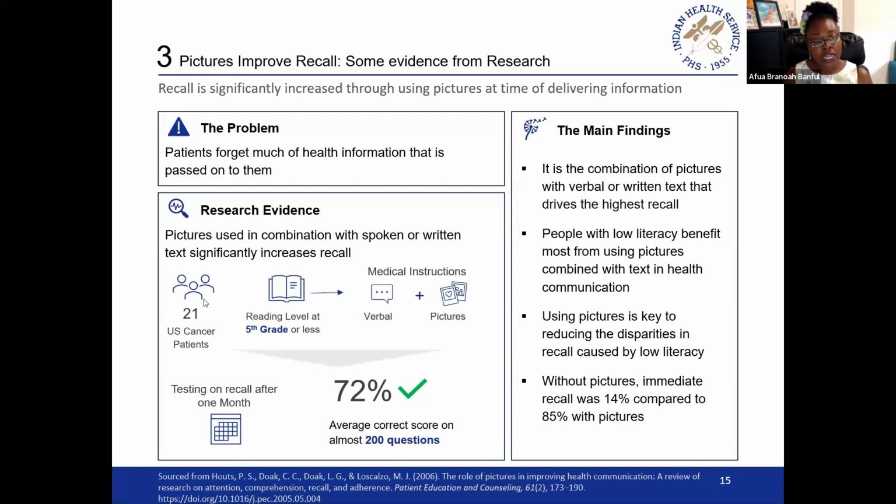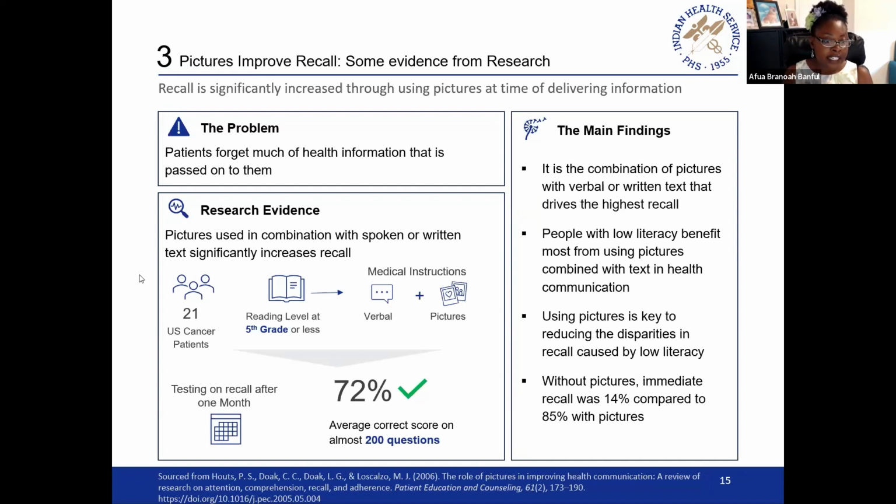This one was around cancer patients in Baltimore, at Johns Hopkins. All of these patients had a fifth grade or lower reading level. They were given information about their conditions and treatments verbally and with pictures at the time that they were being taught.